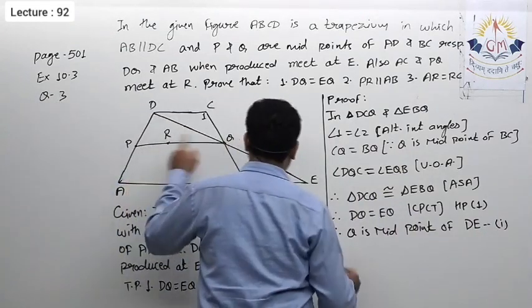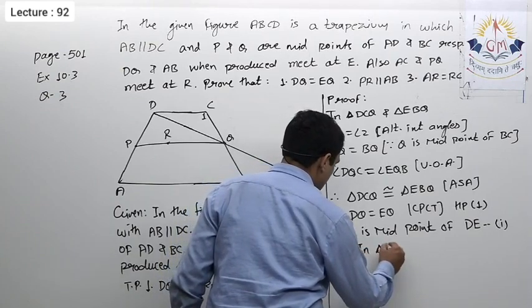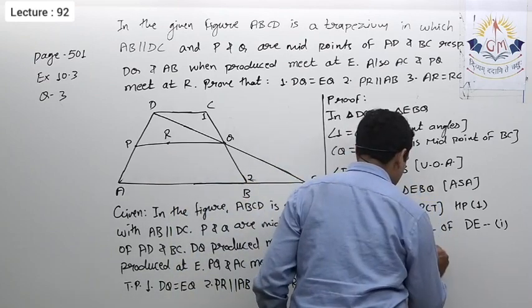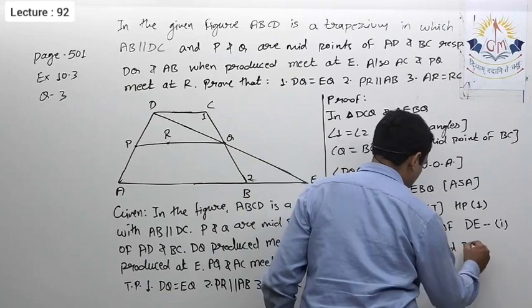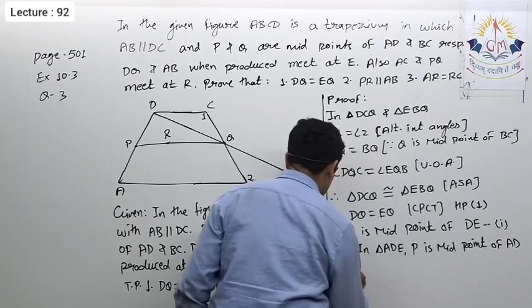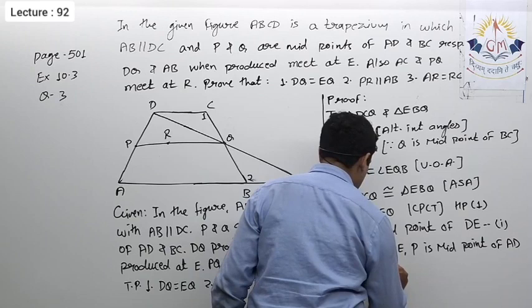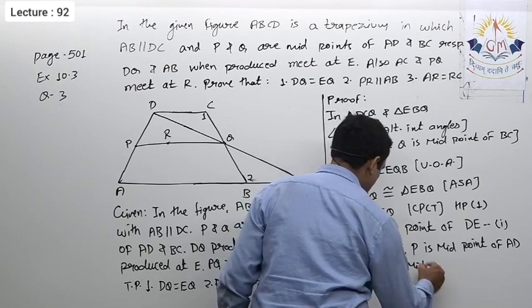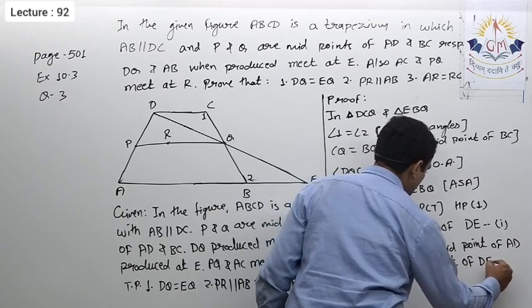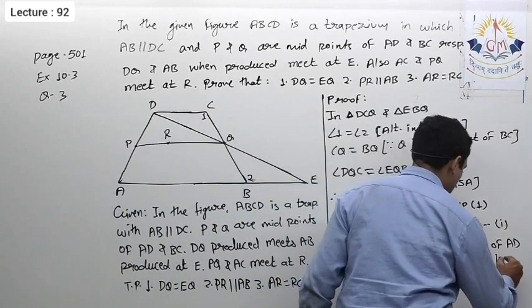Now in triangle ADE, P is midpoint of AD, that is given, and Q is midpoint of DE, from first.